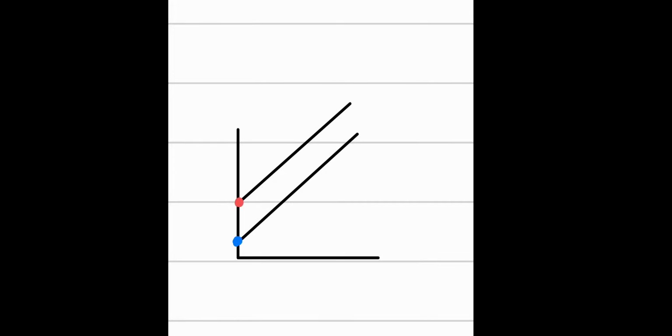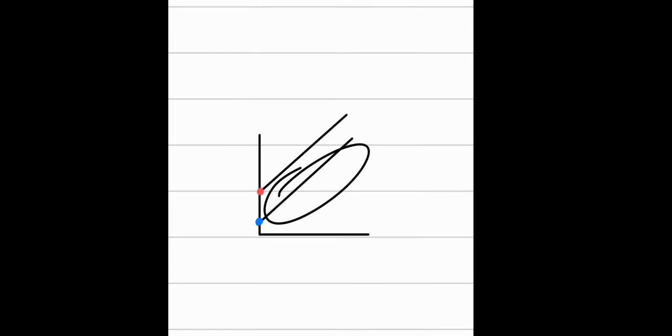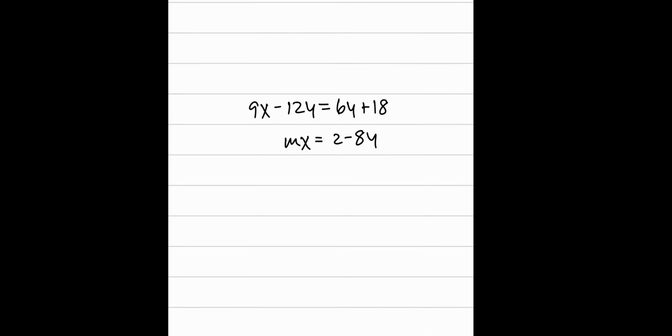And because of that, the lower one, the one that started at the blue point, is never going to catch up to the one that started at the red point, because they have a constant rate of increase, right? The rate at which they're increasing is the same for both of them, right? But this one started a little bit higher, and because of that, this one will never be able to catch up. All right, so just keep that in mind, that we want to have the same slope but a different y-intercept.